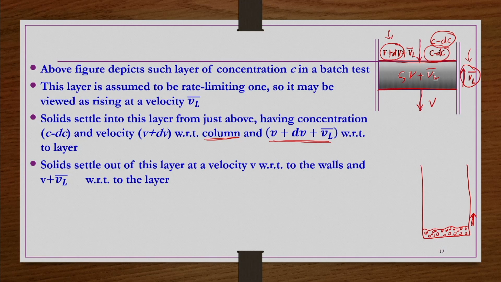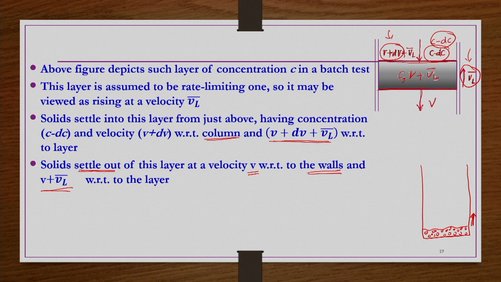Similarly, solids settle out through this layer at a velocity V with respect to the column walls, and V plus VL bar with respect to the layer. So, this is very important.